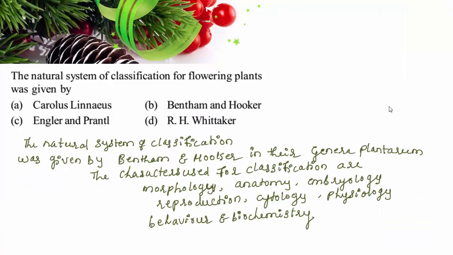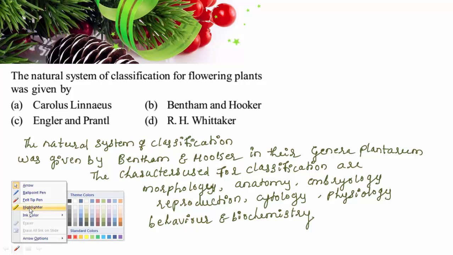And Prantl, R.H. Whittaker. So different biologists have proposed different systems of classification, like the artificial system of classification, natural systems of classification, and phylogenetic systems of classification, which is completely based on evolutionary interrelationship.